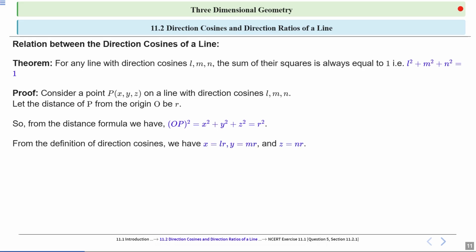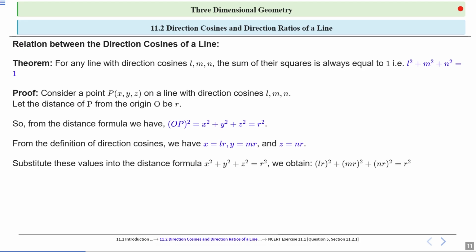Now let's recall how direction cosines relate to the coordinates of P. By definition, we have x equals L times r, y equals m times r, and z equals n times r. This means each coordinate is the product of the corresponding direction cosine and the distance r.